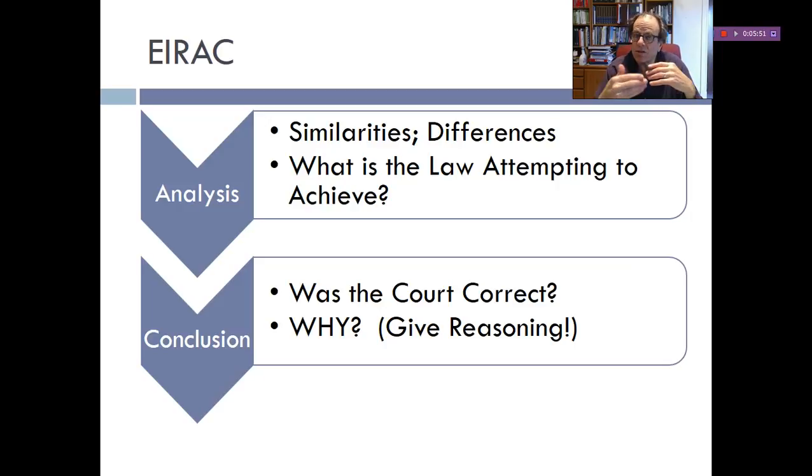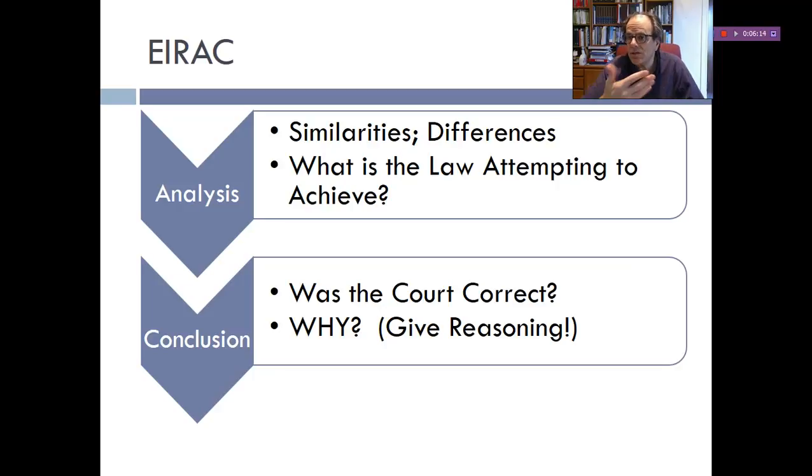What is the law attempting to achieve? Is that still something viable in modern society? Is that really where we want to be? Is that property right, such as slavery, still what we want? And what we may find is we're able to persuade the court by careful analysis how to move on.